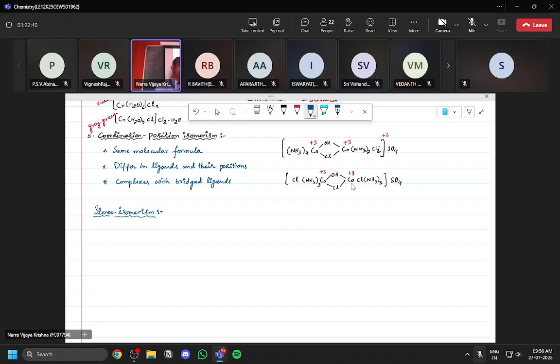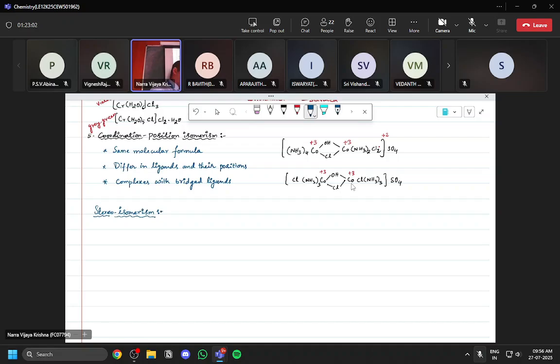Geometrical isomerism means conditions: planar, restricted rotation, difference in spatial orientation. If these three conditions are satisfied, it is geometrical. Right? Now what about optical?